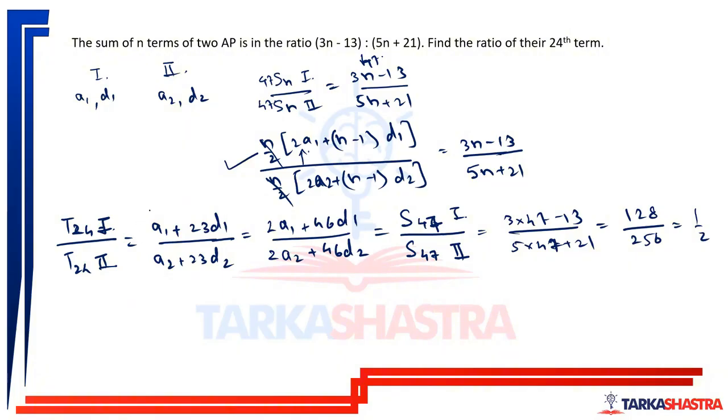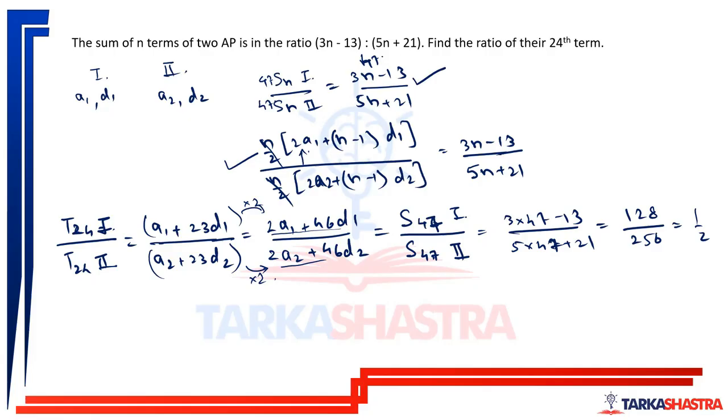So what we have done here is we have found the ratio of the 24th terms, and then we multiplied each of these by 2, so these will be equal. Now, this is the ratio of the sum of first 47 terms of series 1 and the sum of 47 terms of series 2, and we already have the ratio for that.